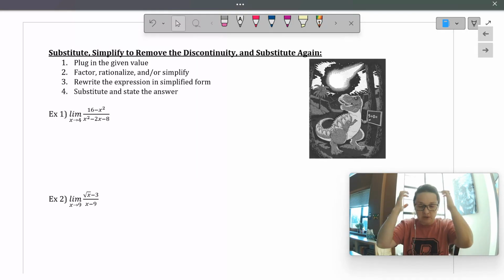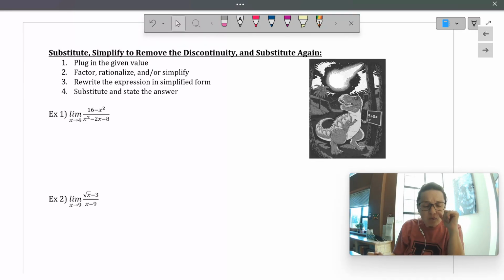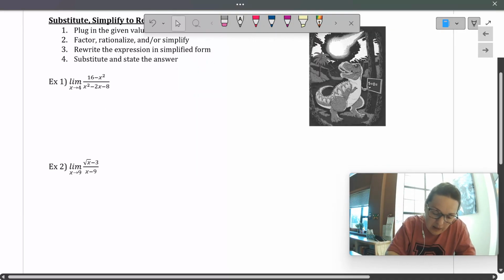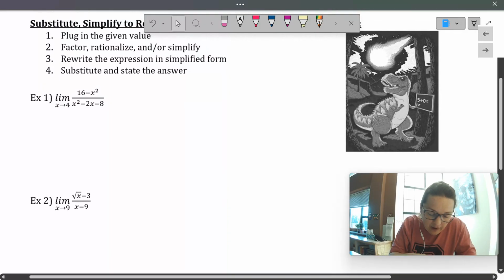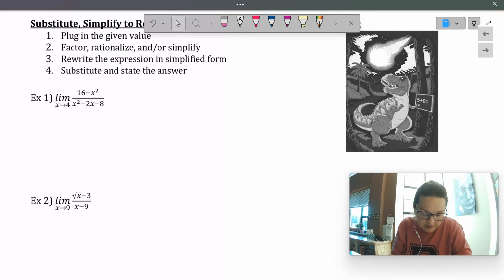Okay, so when we come to the back, we're going to have a bunch of limits of functions that are broken, okay? And so when we see that happen, we're still going to start by substituting in, but realize that that substitution is going to be broken, and then we're going to fix it. So let me explain. On number 1, it says, find the limit as x approaches 4 of this rational expression, 16 minus x squared over x squared minus 2x minus 8.